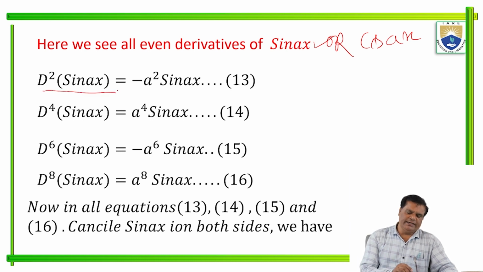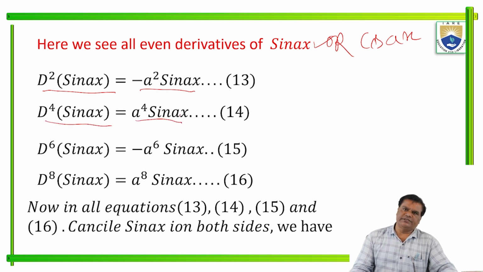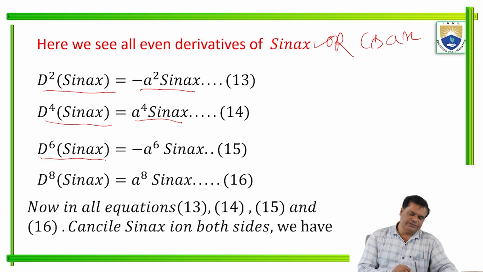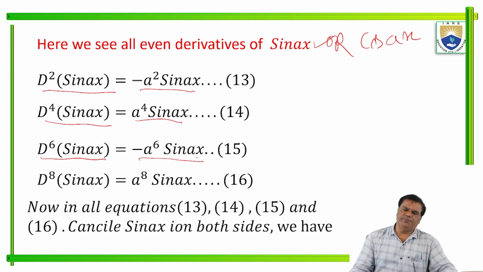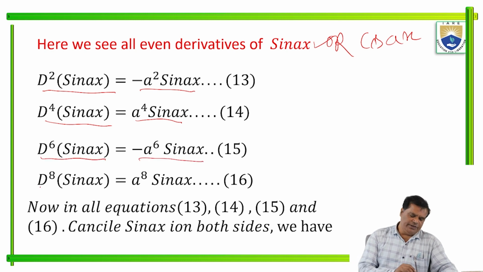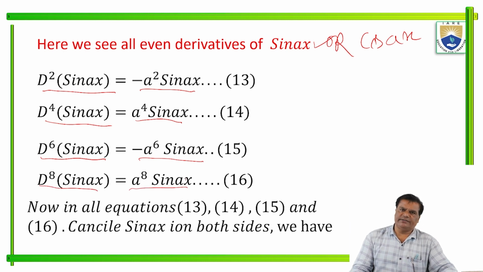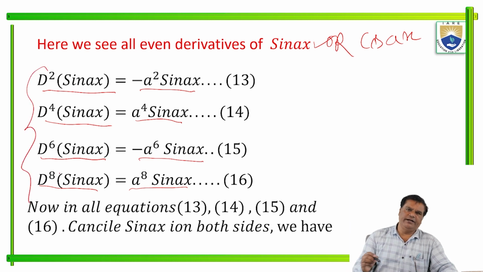D square sin AX equals minus A square sin AX, D4 sin AX equals plus A4 sin AX, D6 sin AX equals minus A to the power 6 sin AX, and D to the power 8 sin AX equals A to the power 8 sin AX. We are writing four even derivatives here.